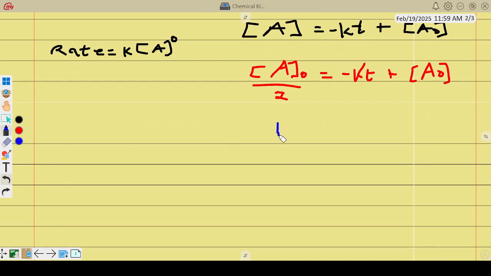So we're going to have KT is equal to A naught minus A naught over 2.